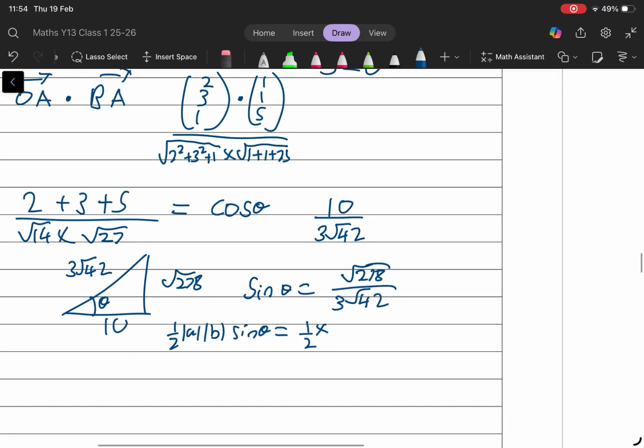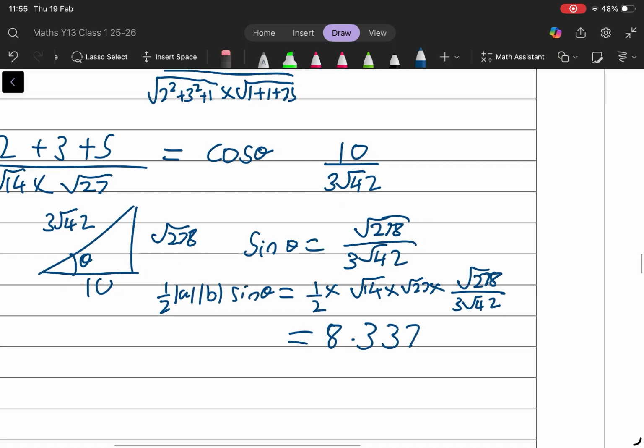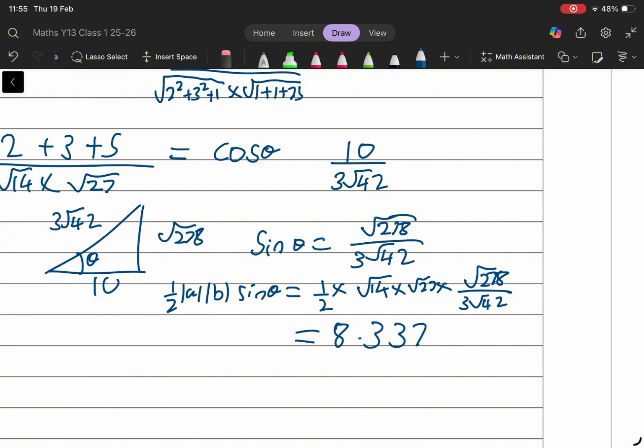So that would be root 14 times root 27 times root 278 over 3 root 42, which is going to give a half times root 14 times root 27 times root 278 over 3 root 42. So the area is 8.3372 for significant figures. There you go.